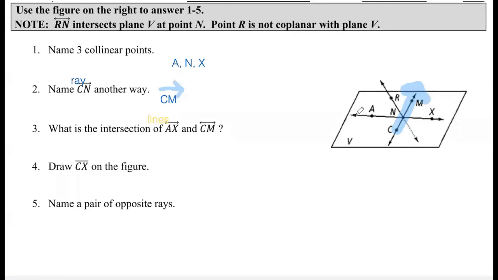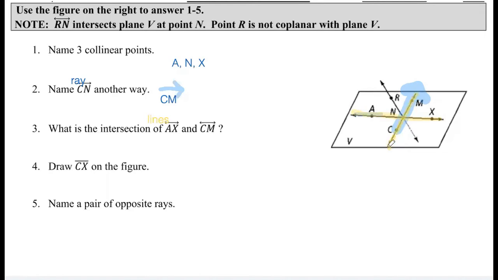So we have line AX here. I don't want to change to a different color. Okay. We have line AX and line CM.